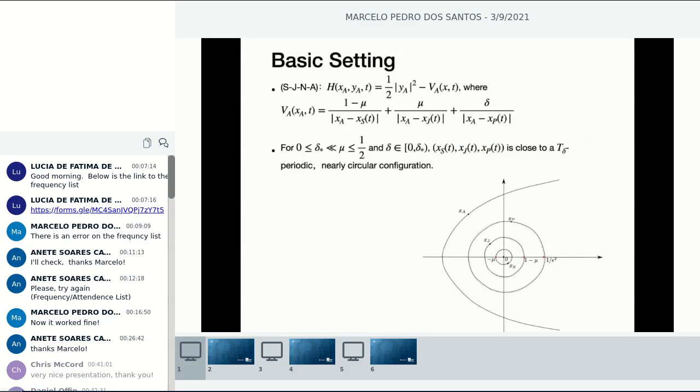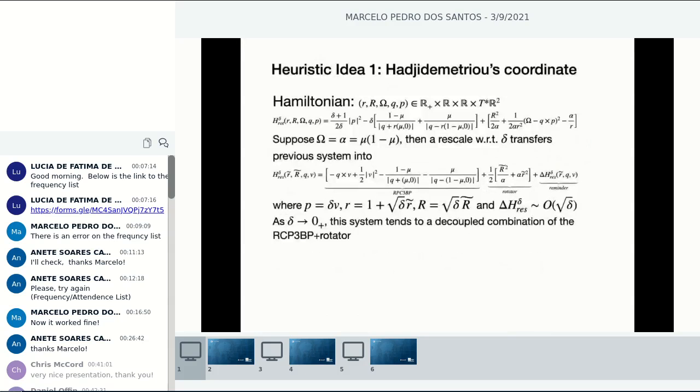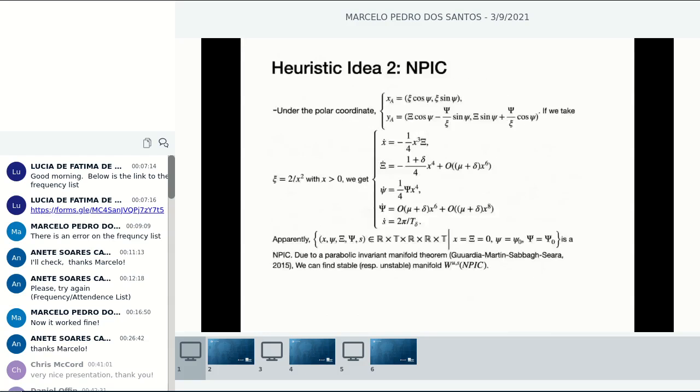If we introduce the polar coordinate, capital K_c, psi, capital Psi, then we transfer K_c, this is the radius, by 2 over x squared with a restriction x positive. Then we get the following equations.